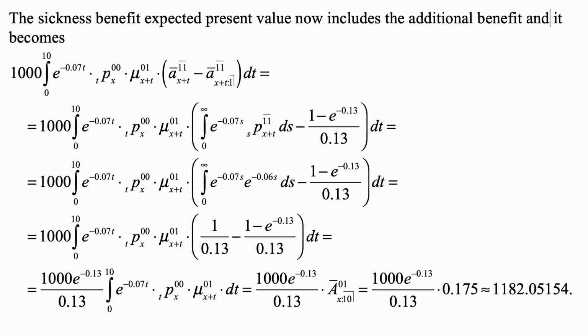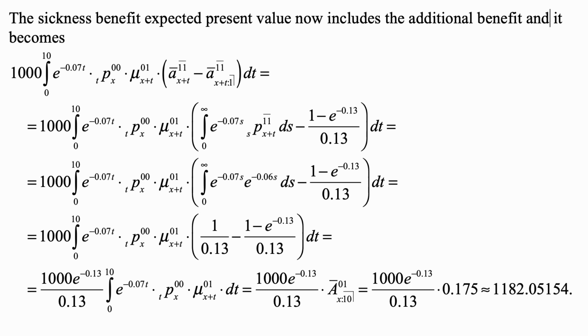So this becomes 1000 integral from 0 to 10 of e to the minus 0.07 t times tpx 0, 0 times mu x plus t 0, 1 times 1 over 0.13 minus 1 minus e to the minus 0.13 over 0.13. Well, of course, 1 over 0.13 minus 1 over 0.13 just cancel out, and what we're left with is e to the minus 0.13 over 0.13.